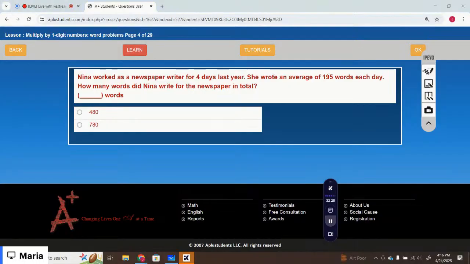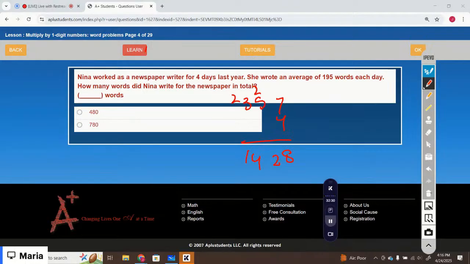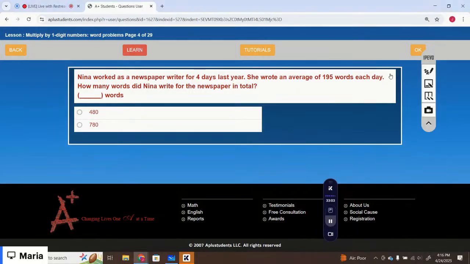So you have to do 195 times 4. 4 times 5 is 20. 4 times 9 is 36, 38, and carry 3. 4 times 1 is 4, and that is 780. Option number 2 is the correct option.